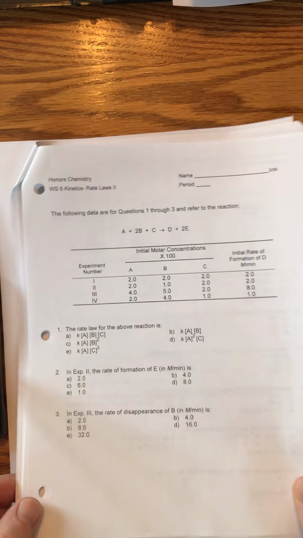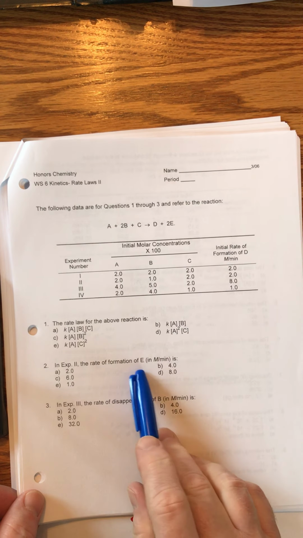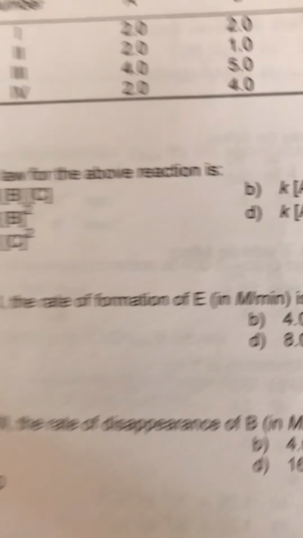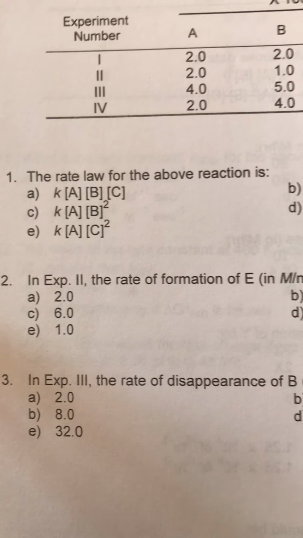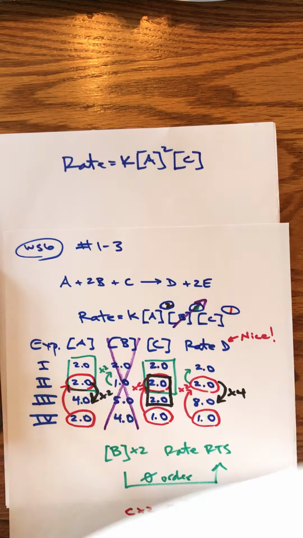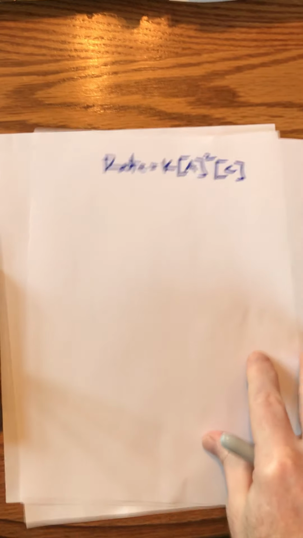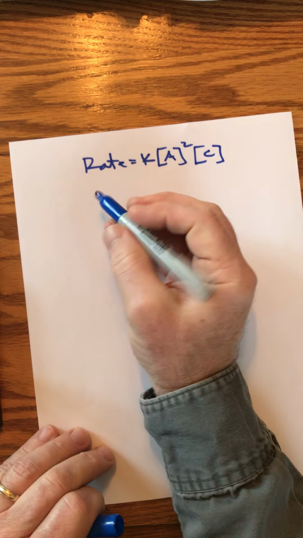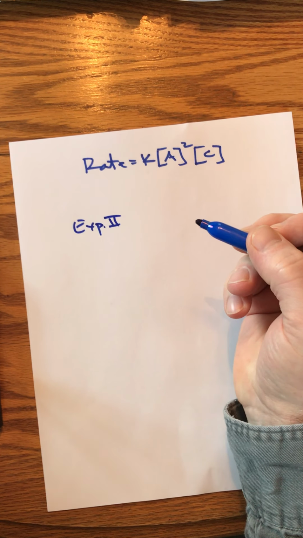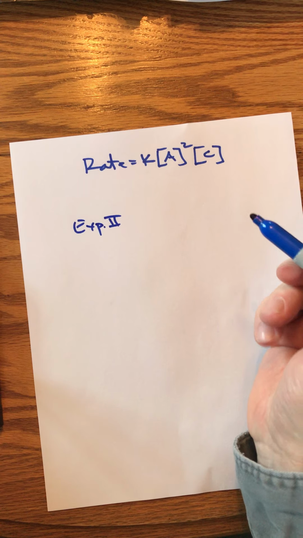Now, look at the next ones. Here they're asking me about, I know this is a little bit small, but in question 2, in experiment 2, the rate of formation of E, well, I measured D. Doesn't matter, they're related through stoich. So in experiment 2, D was forming at 2 moles per liter per minute.